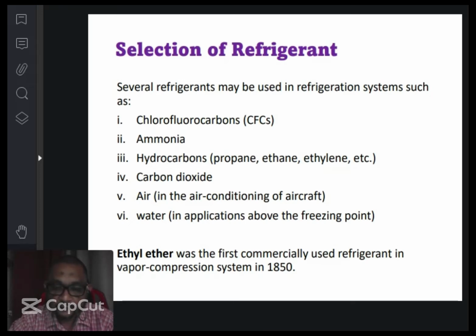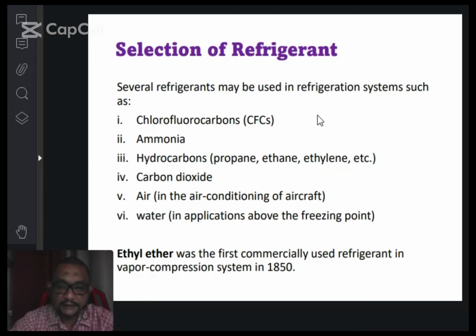When you read books on the history of refrigerants, you will find that ethylene ether was the first commercially used refrigerant in a vapor compression system, in 1850.